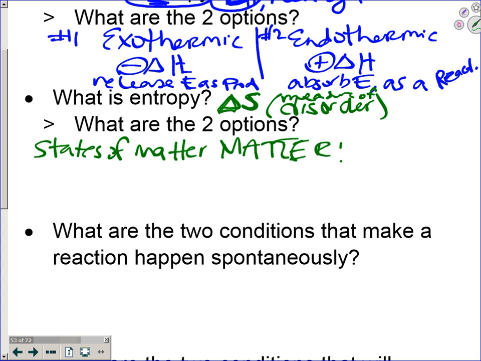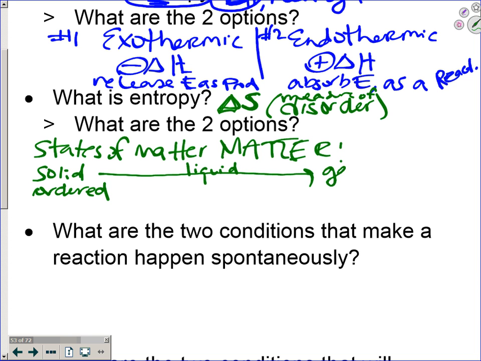A solid is orderly, and disorderly would be... Okay, so solid, all the way to liquid, all the way to gas. So a solid is ordered, so it's pretty nice and in a constant kind of space and area, where a gas would be what? If that solid is ordered, then the gas is very disordered.